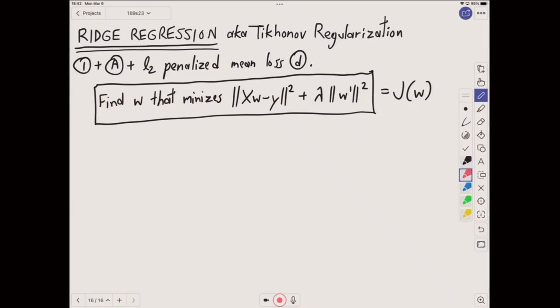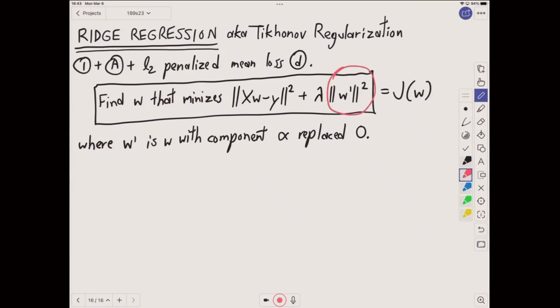You might notice that I put a little prime on the W here. What does that mean? Well, I don't exactly want to take the 2 norm of the whole vector W. I want to leave out the bias term. So in the cost function, when I write the 2 norm squared of the weight vector, I'm not actually including the bias term, the last component.